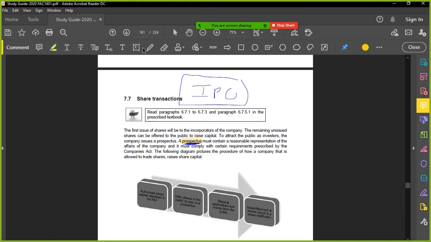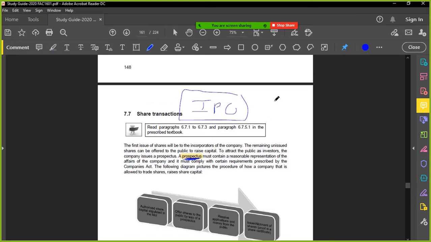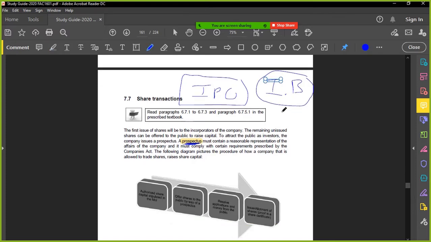Okay, remember we said who helps with an IPO? The investment bank. What is the investment bank helping with? Issuing shares in ABC Limited. Okay, ABC is a company that wants to sell shares. The investment bank is going to help create a prospectus.